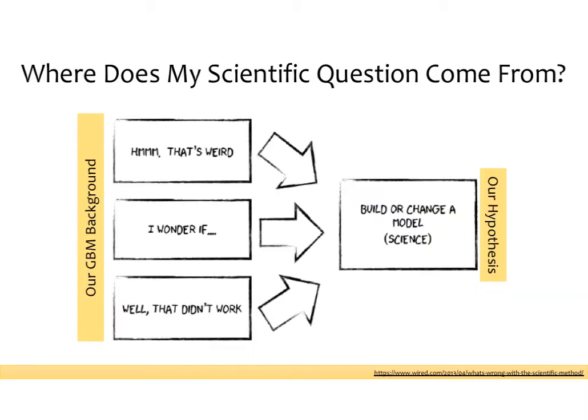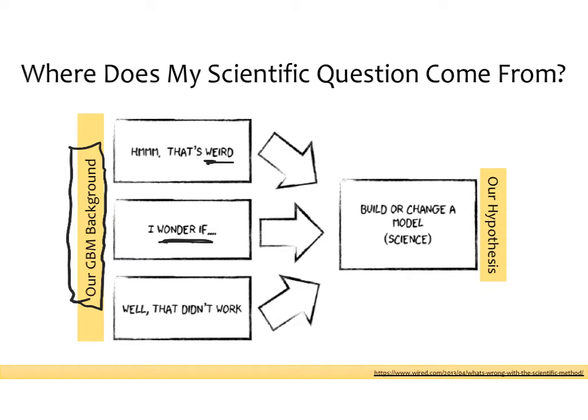And so a better way to think about your scientific question and your scientific method might be to think about it as being informed by things you know. So now that we know all this GBM background, you might have questions that are informed by knowing all that background. And so you can think about it more as, oh, I noticed this thing that was kind of interesting in the background we learned. Or I wonder if this other thing that I learned about in a different class happens in GBM.